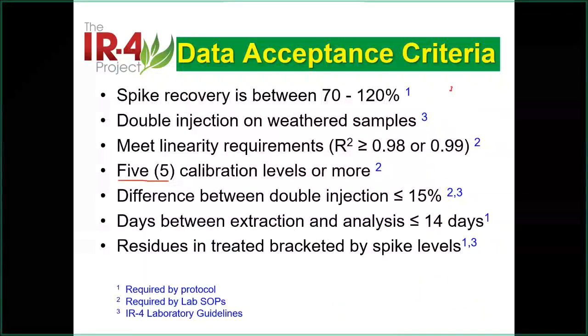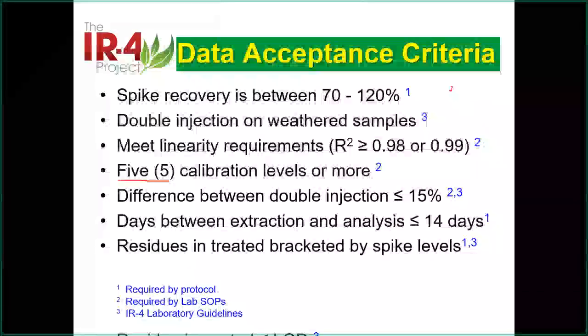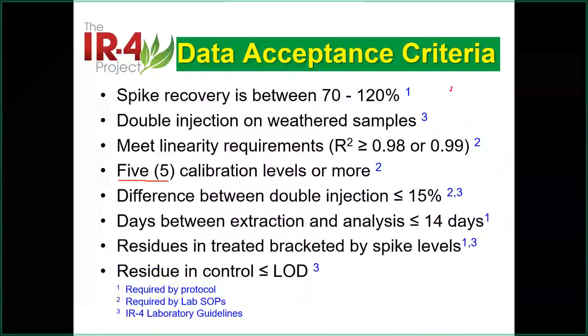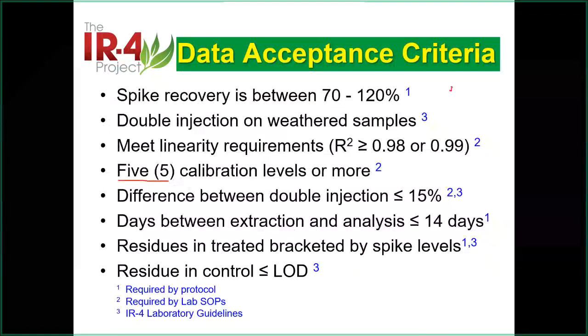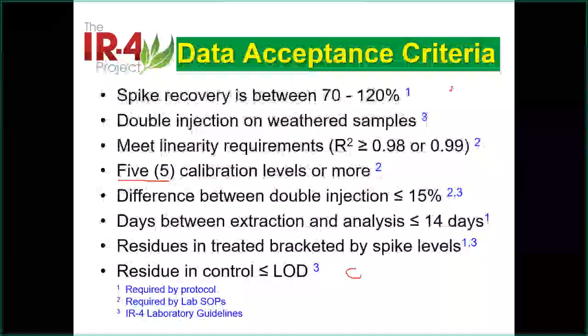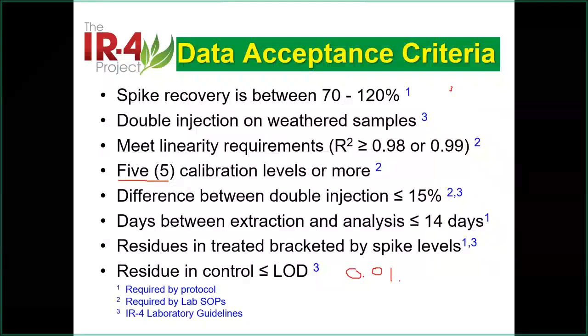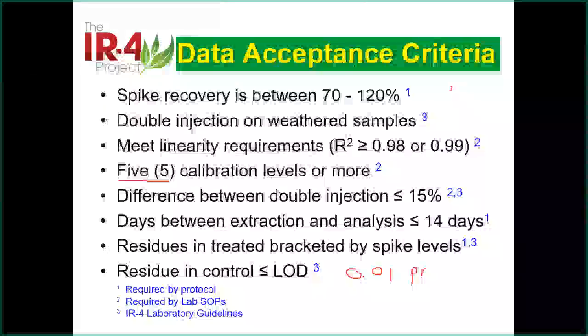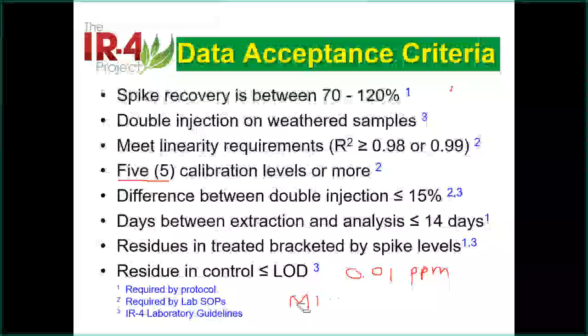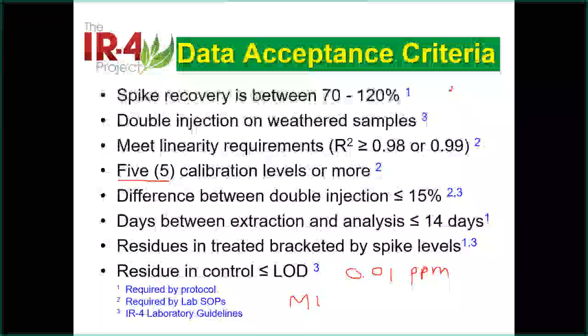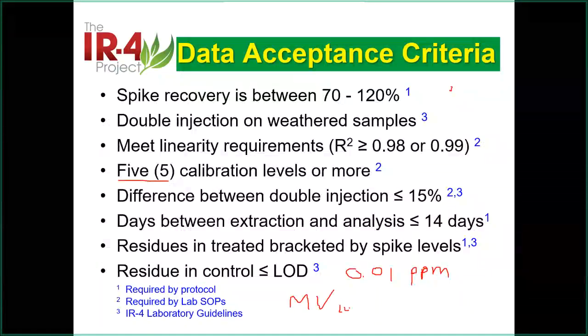Okay, and the last one is if your control is contaminated. For example, if your LLMV in this case is 0.01 ppm, and your control is contaminated, you will never be able to get a method validation spike recovery, let's call that MV, at the LLMV level.